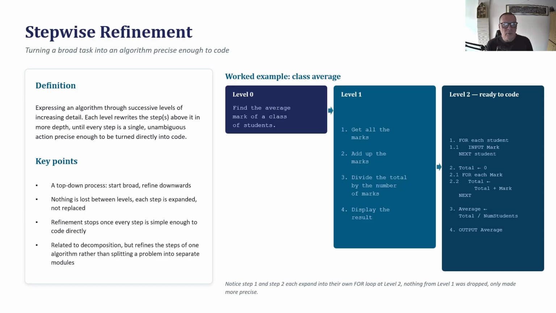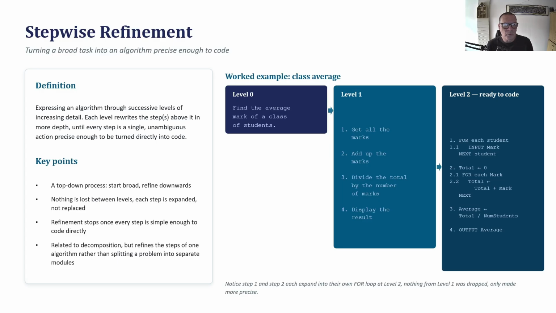Now, one thing they want you to be able to do and describe is stepwise refinement. So stepwise refinement is expressing an algorithm through successive levels of increasing detail. Each level rewrites the steps above it in more depth until every single step is unambiguous and precise enough to be turned directly into code. So key points are, it's a top-down process.